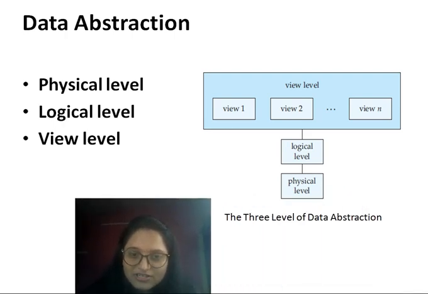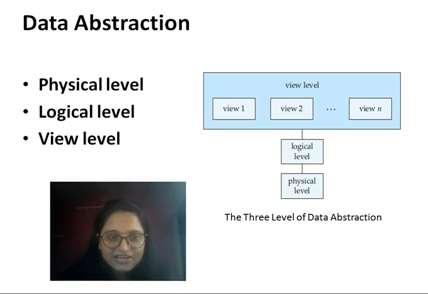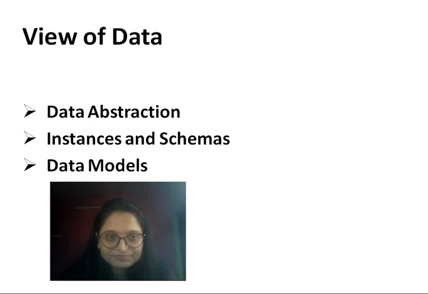As shown in the figure, this is the lowest level of data abstraction, known as the physical level. The middle level is the logical level, and the last, higher level of abstraction is the view level. We will see every level in detail.